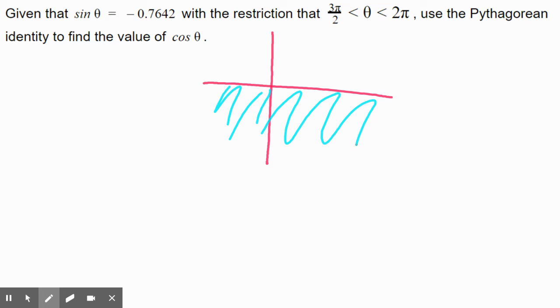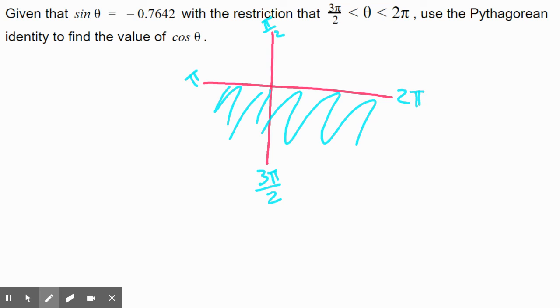And so we have a restriction, 3 pi over 2 and 2 pi. So that's pi over 2 right there. That's pi. That's 3 pi over 2. And that's 2 pi over there, right? So that's our restriction.